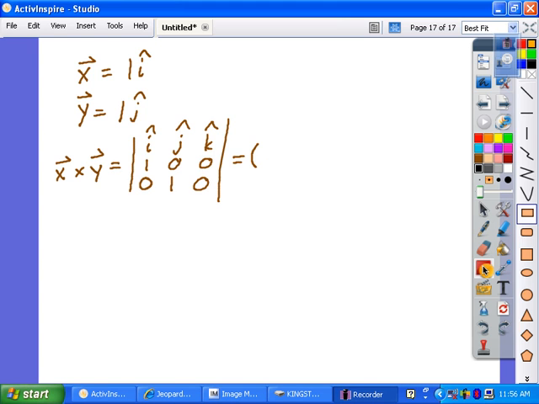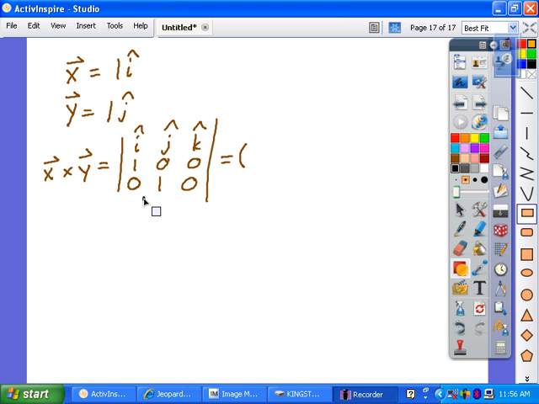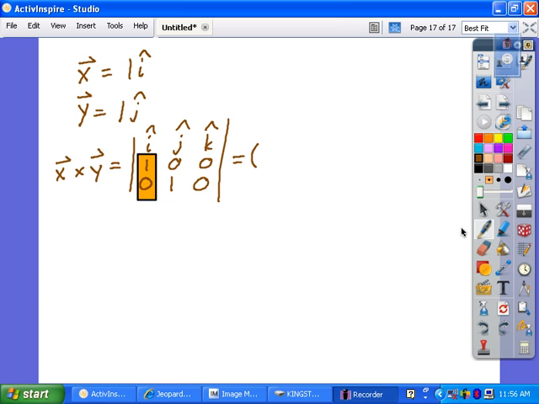Okay? So, let's get my little box up here. The easiest way to do this is if you put your hand over the i hat direction. If you block that out, you don't have to worry about what those numbers are. That means that you're eliminating those from the calculation. We're only worried about the other two directions.